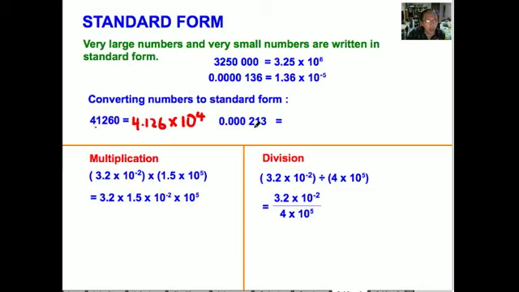Let us now take a look at multiplication of standard form. When we multiply standard form, we group the numbers together and the powers of 10 together. We multiply the numbers 3.2 times 1.5 to give us an answer, multiplied by 10 to the power of 3.